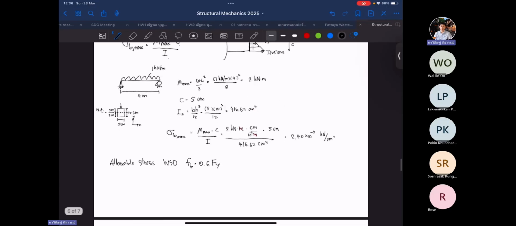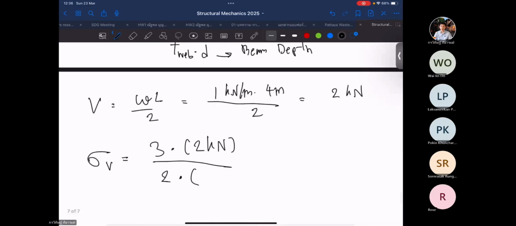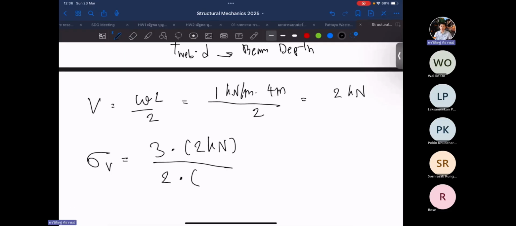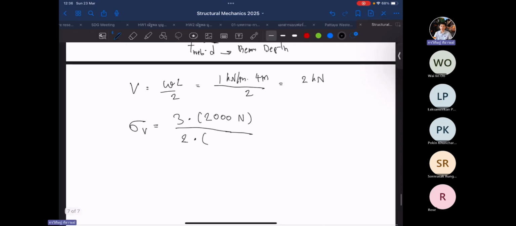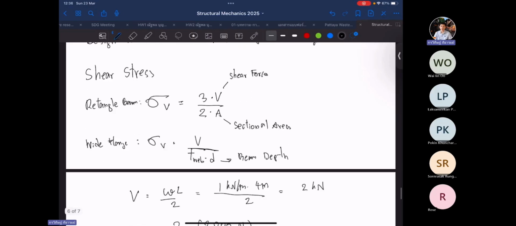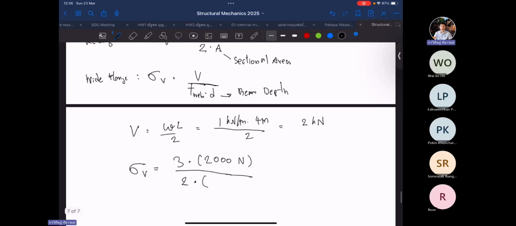Area of our beam is 5 centimeter by 10 centimeter. So let's convert it to Newton per square millimeter for our convenience of comparison. 2 times sectional area, so 50 millimeter multiplied by 100 millimeter.